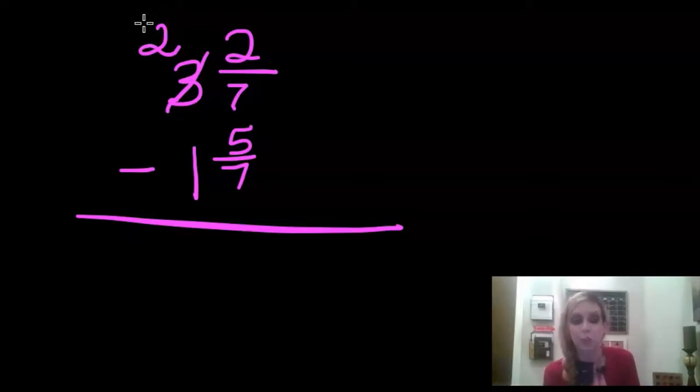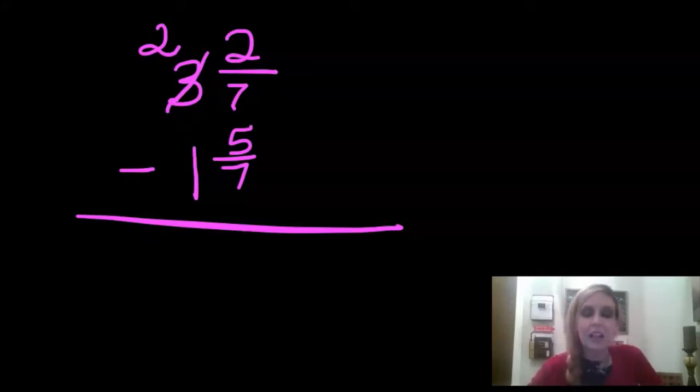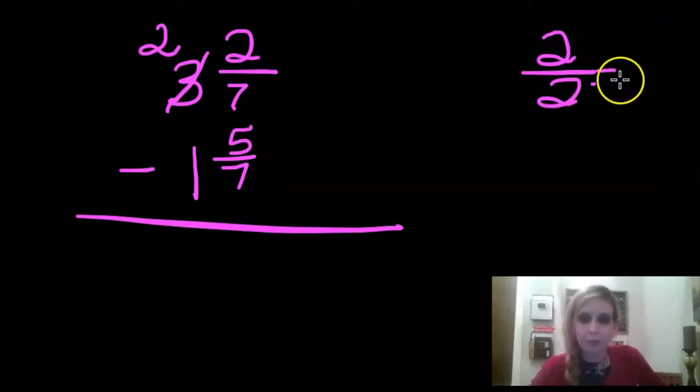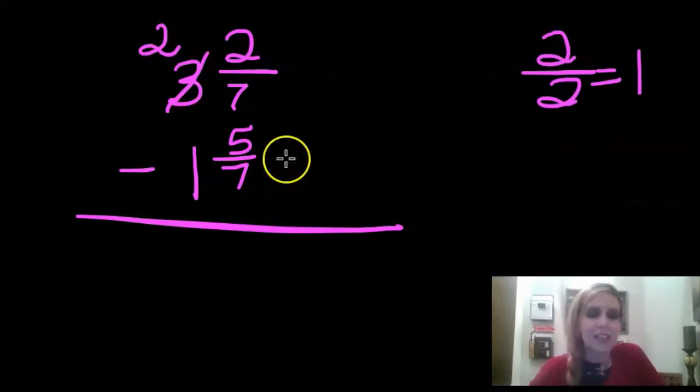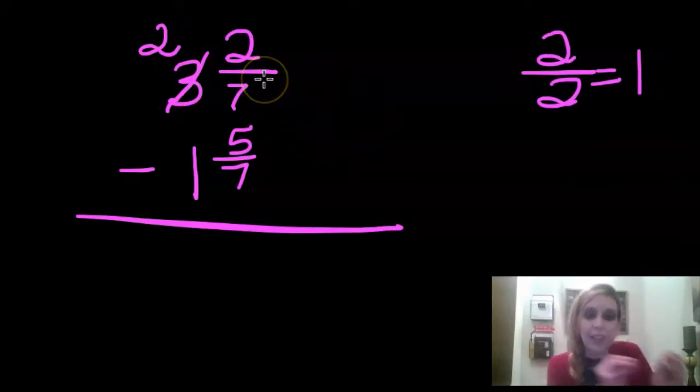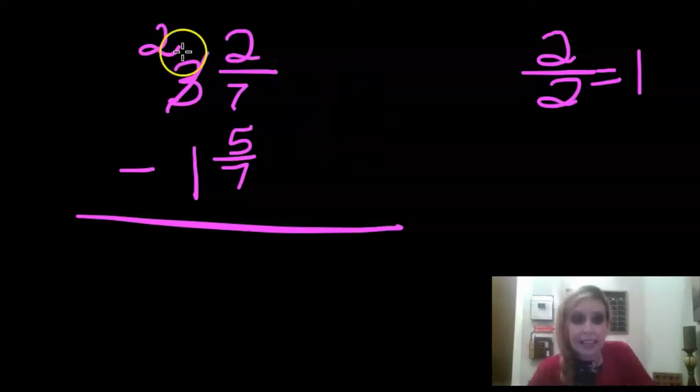With that 1 I've borrowed, I'm going to make it into a fraction. And remember, any fraction that is the same on the top and the bottom, same numerator and same denominator, equals 1. So with that fraction, I'm going to be adding it to the fraction I already have, the 2/7.